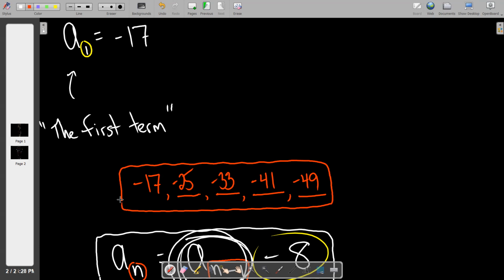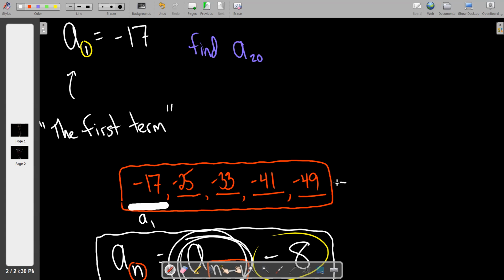Now comes the next part. We have to find the 20th term. So that's the first platform.